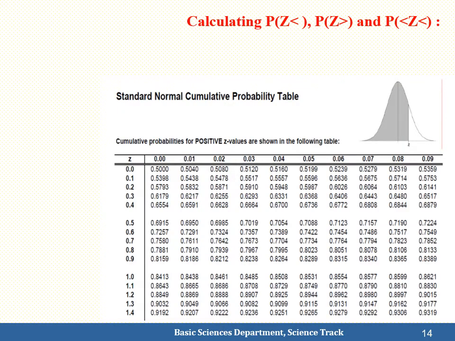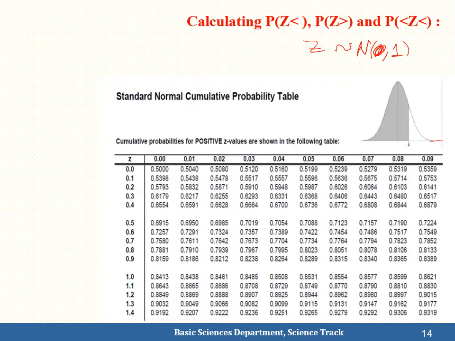Now we will learn how to calculate the probability that Z is less than something, Z is bigger than something, or Z is between two numbers. Here our Z has a standard normal distribution, so the mean is 0 and the standard deviation is 1.